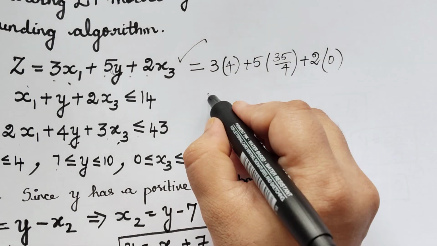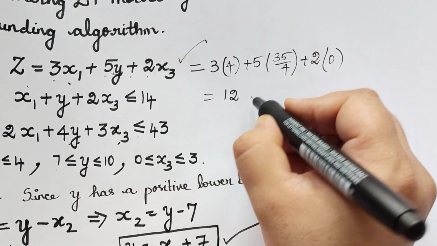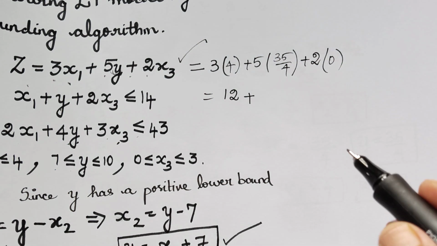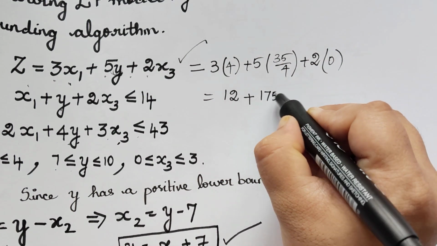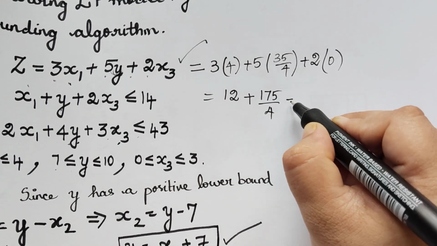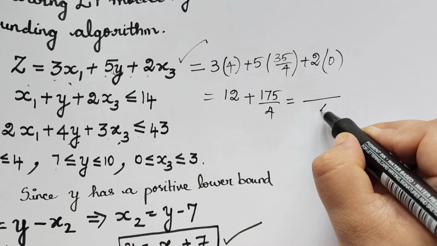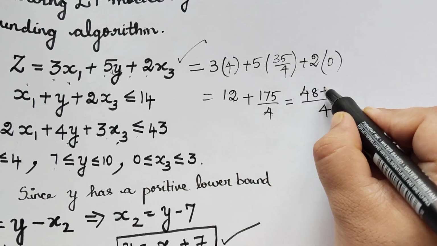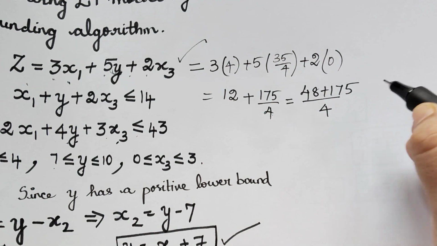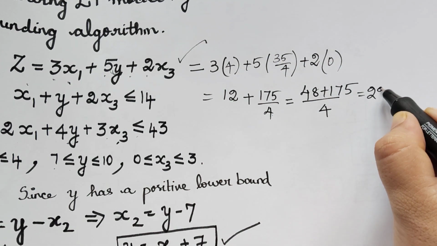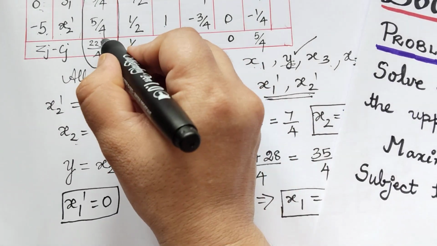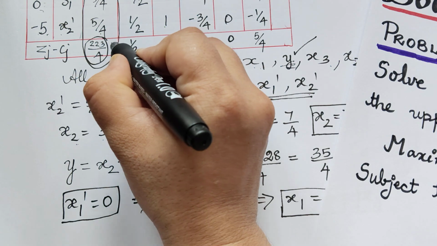So when we simplify this, 4 3 times is 12, plus now 5 multiplied with 35, which will be 175 divided by 4. And so the LCM will be 4. And 4 multiplied with 12 is 48. 48 plus 175, which will give us 223 divided by 4. So from the solution space also we can see that the solution was 223 divided by 4.